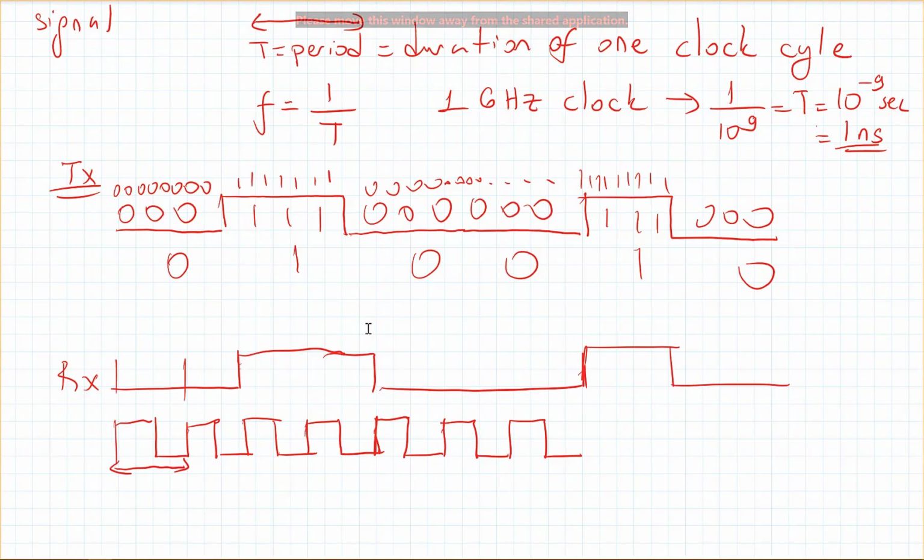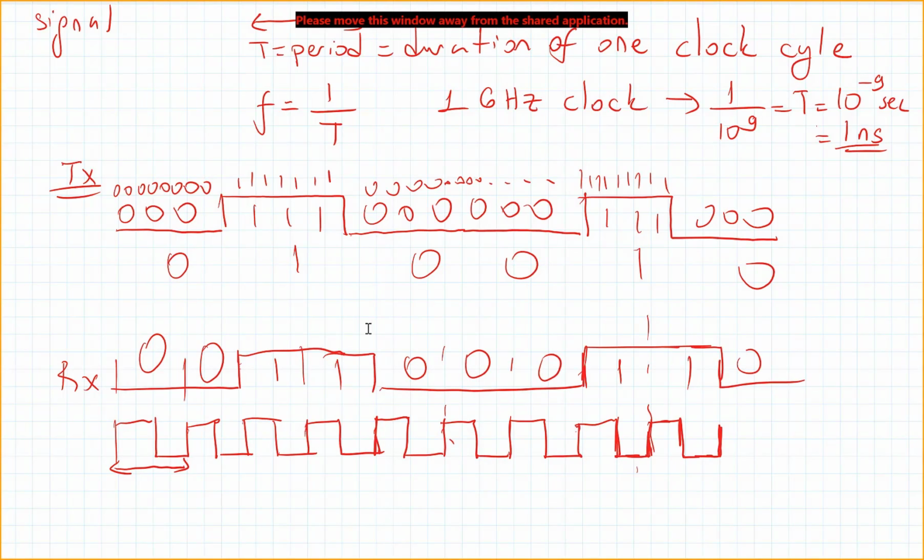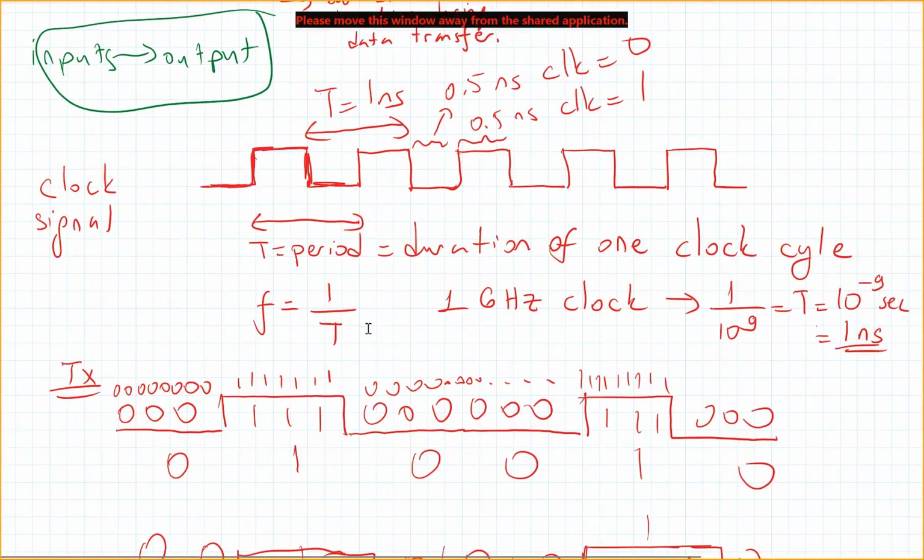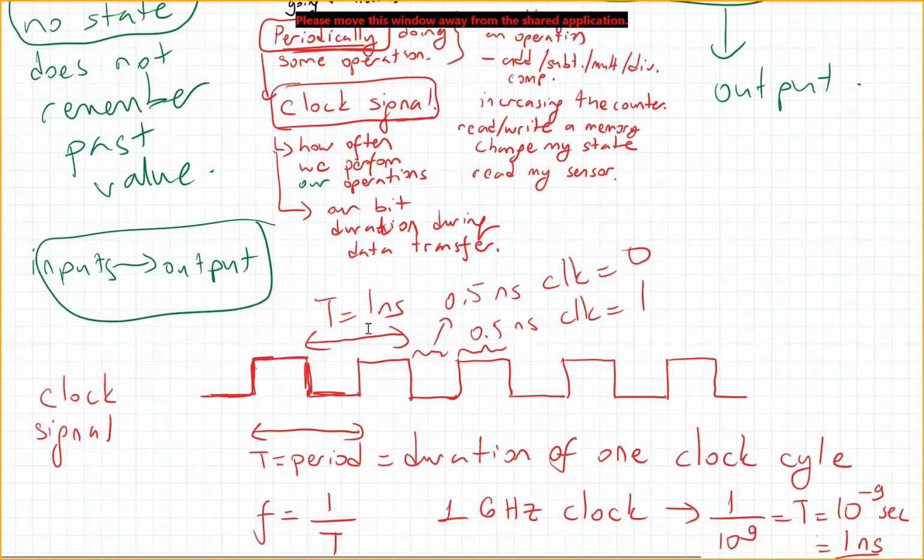So this will be, for example, a 0, another 0 here, and 1 here, a 1 here, 0 here, 0 here, 0 here. You got the idea, right? So by learning about my clock, I can tell what my bit duration is, and using this clock period, I can also determine if I sent 0 or 1. Okay, but currently this is the basic introduction to sequential circuits.